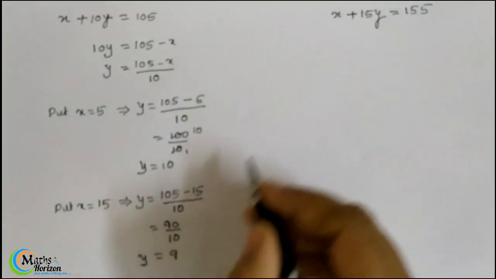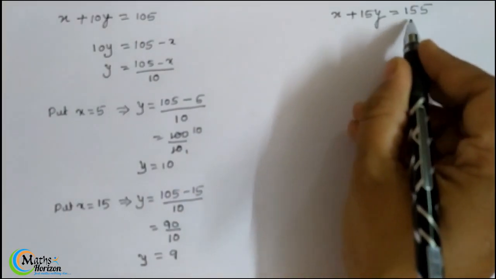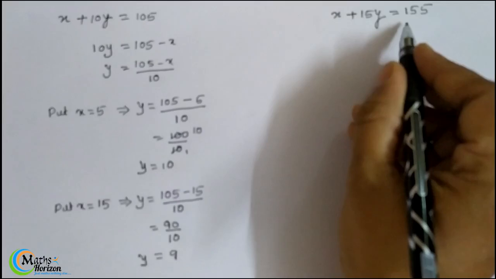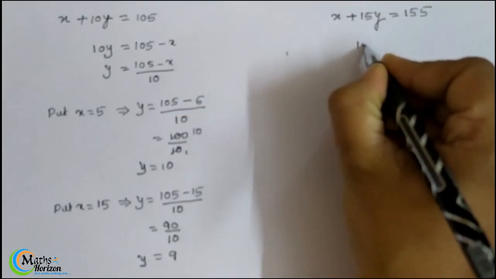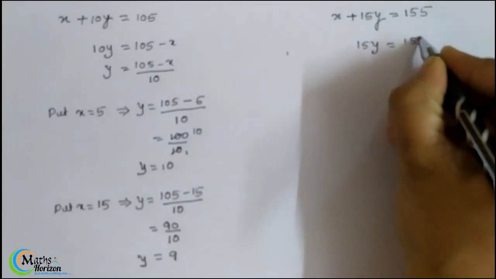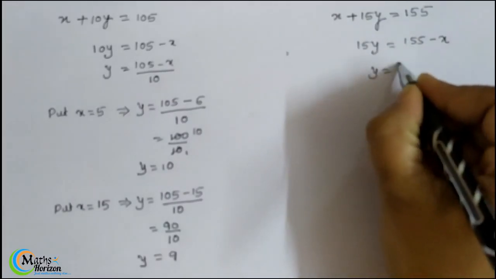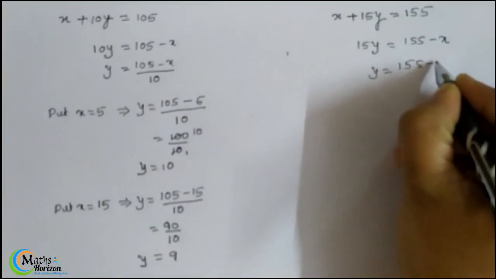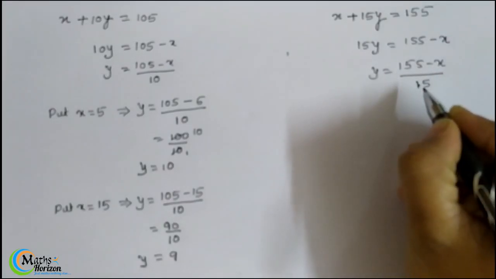Now come back to the second equation, x plus 15y is equal to 155. Now we can write 15y is equal to 155 minus x. Therefore y is equal to (155 minus x) divided by 15.